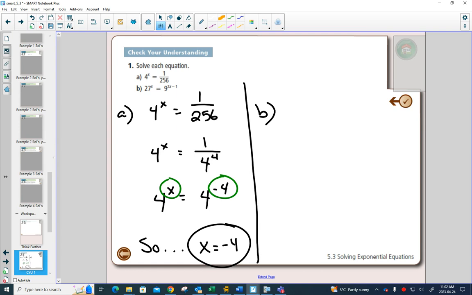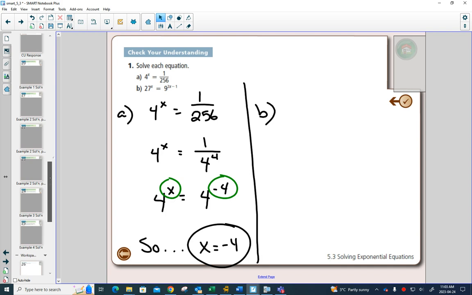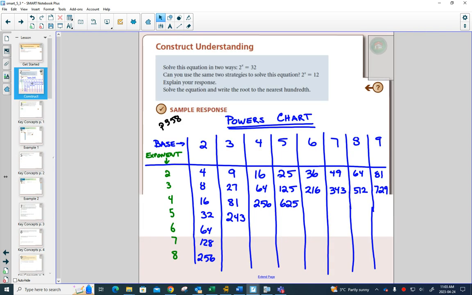For part B, the numbers that we have are 27 and 9. So first of all, we might go to our powers chart and look at the power of 9 and see, is 27 in that powers chart? No. Obviously 9 won't be in the 27 one either.